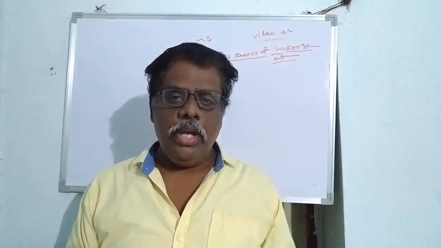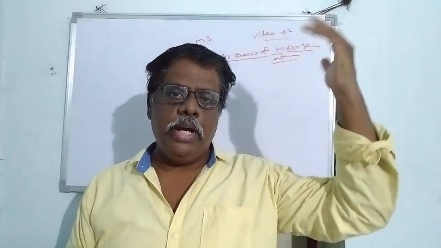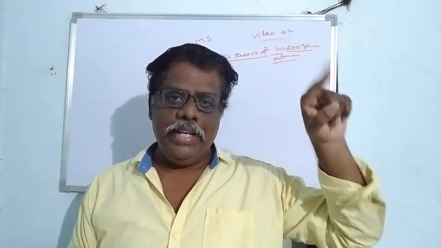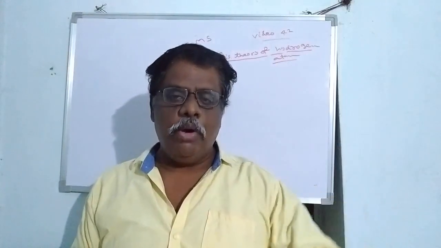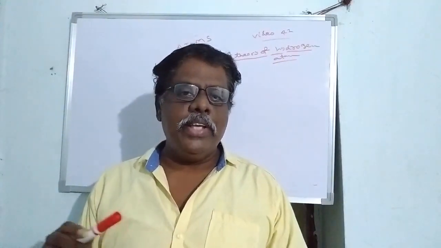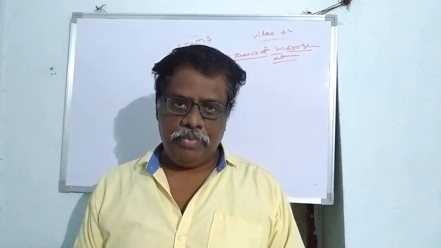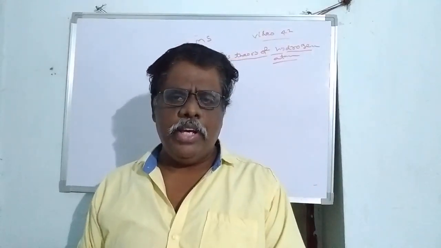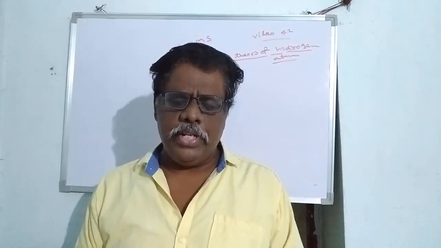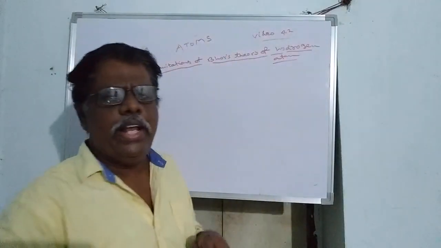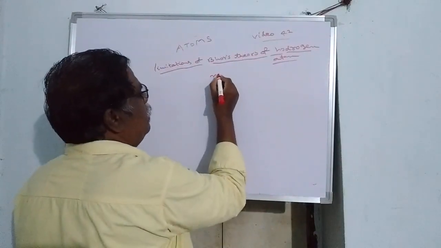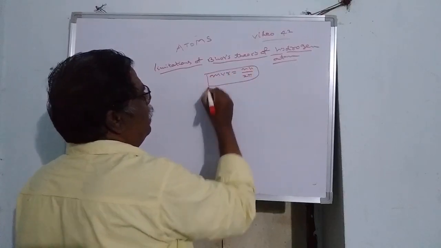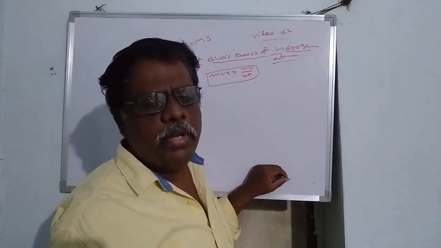Electrons absorb that energy and jump from ground state to a higher energy state, and remain there for 10 to the power of minus 8 seconds at the excited state and fall down. The balance of energy is emitted in the form of radiation. So when electrons jump from higher energy orbit to lower energy orbit, they emit energy in the form of radiation. And also we have studied the angular momentum of that electron: mvr is equal to nh by 2 pi.